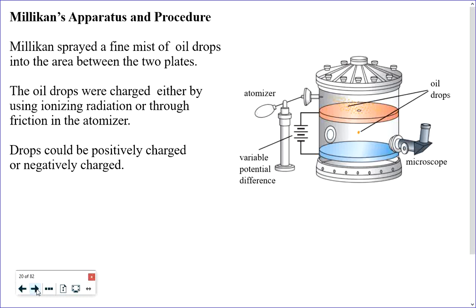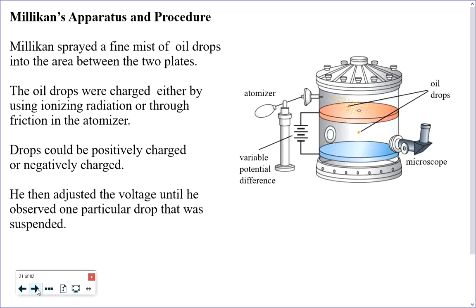We're interested at this level in the physics analysis, not in the history of the experiment. And what Millikan does is he looks through the microscope, he picks an oil drop, and he adjusts the voltage until it's stationary. No, wait a minute. First of all, why would a drop be falling when it's in between the two plates?